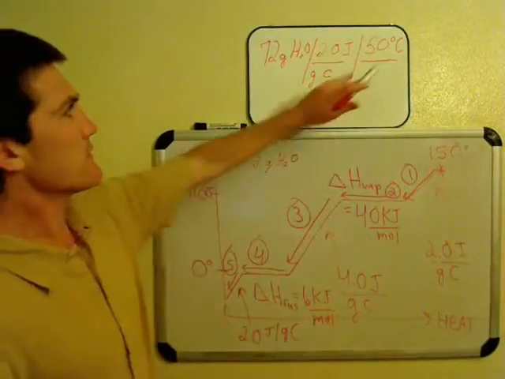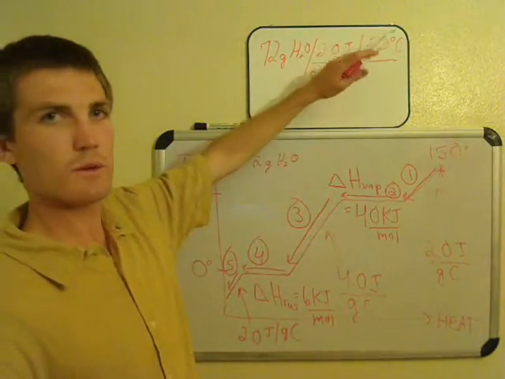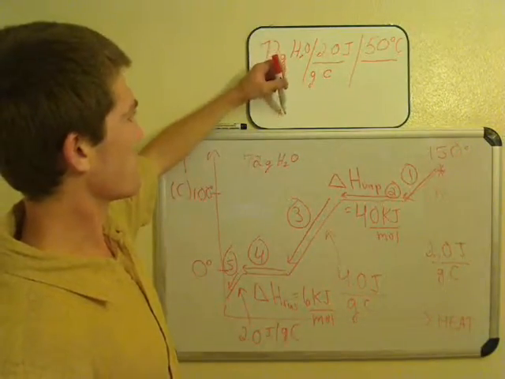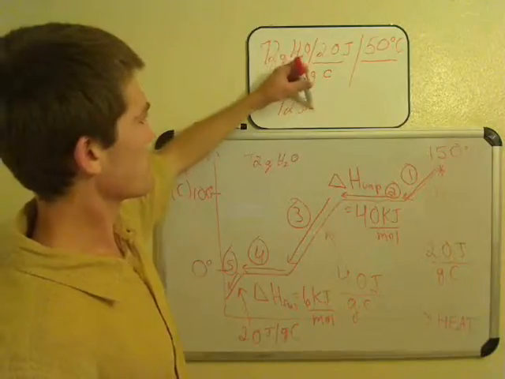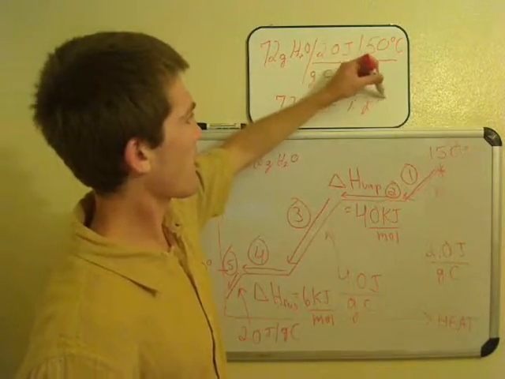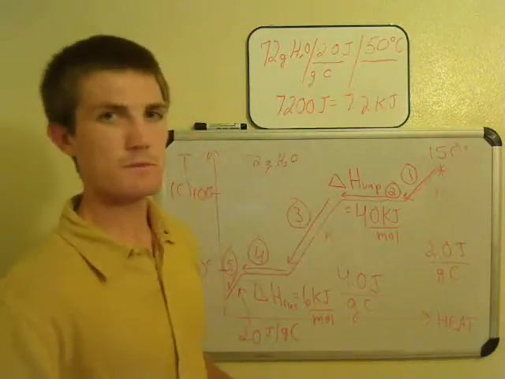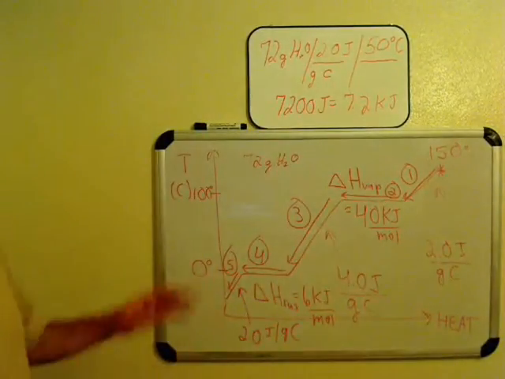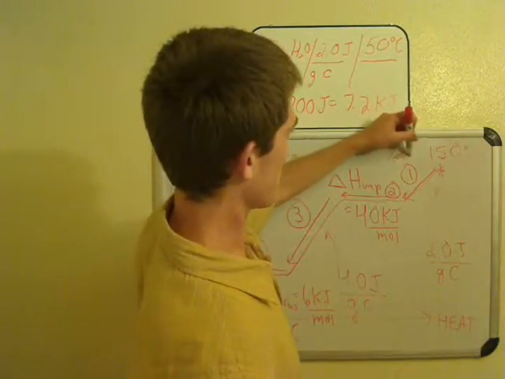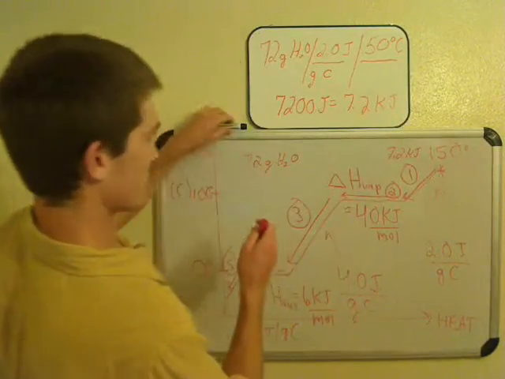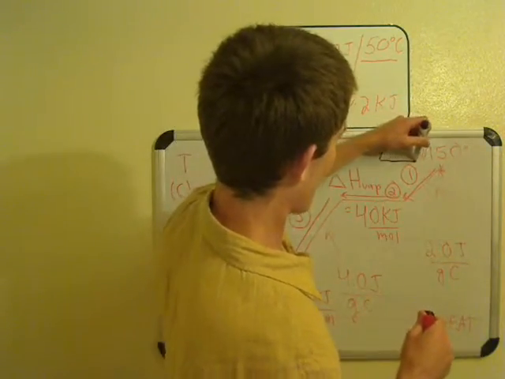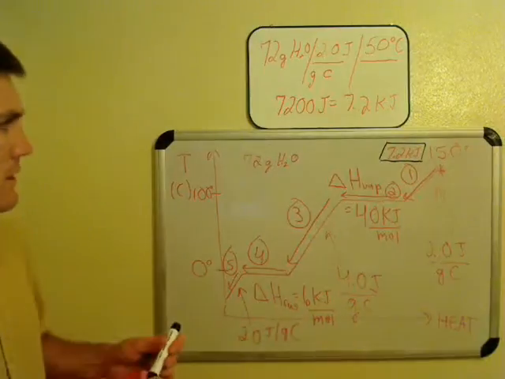So we have 50 times 2 is 100, times 72 is 7200 joules, equals 7.2 kilojoules. So this first process is 7.2 kilojoules, and maybe we'll box them in black so we can see them.